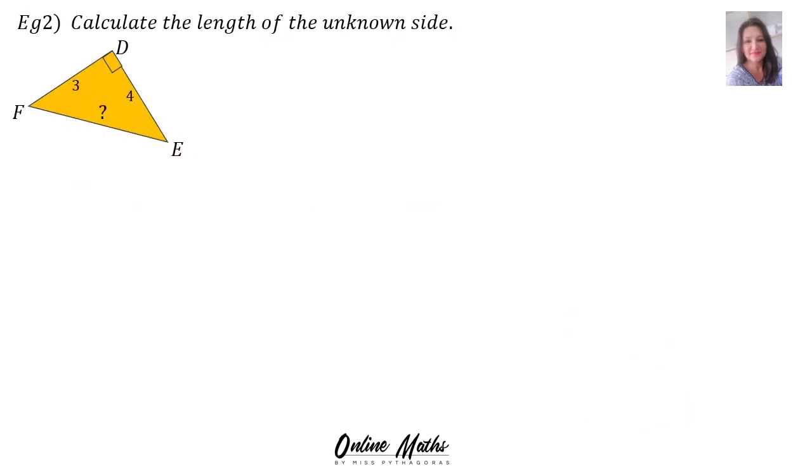Example 2. Calculate the length of the unknown side. In other words, we want the length of FE. Now first, I suggest that you label this side opposite the big angle D, little d, the side opposite big angle E, little e, and the side opposite big angle F, little f. That will just help you. Then we can say we always start with hypotenuse squared equals one side squared plus the other side squared.